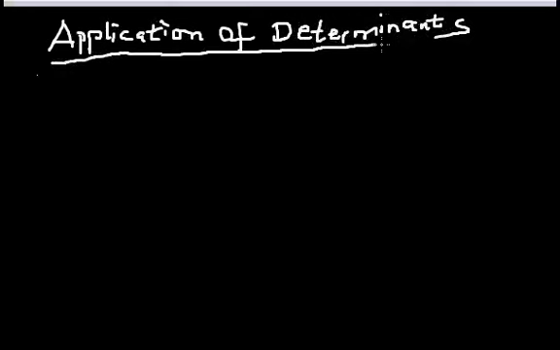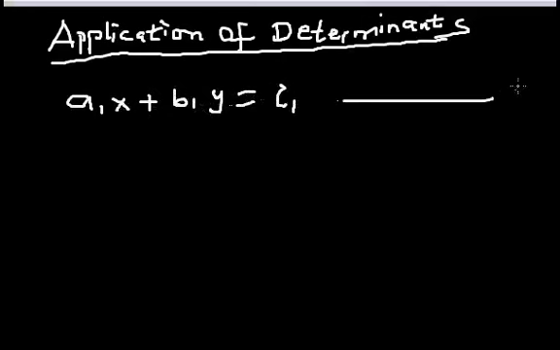Now, one of the very important applications of determinant is found in the solution of linear algebraic equations, or what you know as simultaneous linear equations. An equation of the form a1x plus b1y equal to c1, which of course you call equation 1.